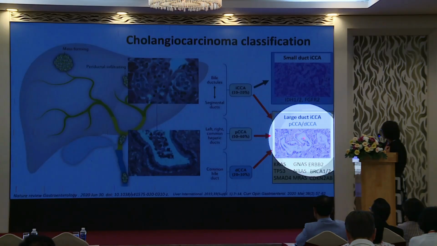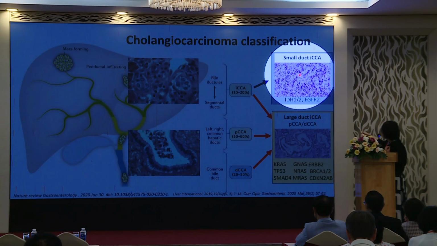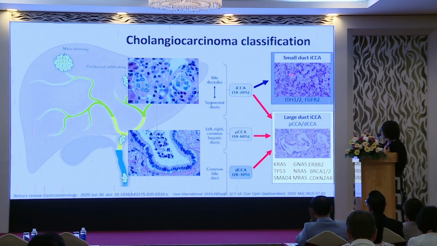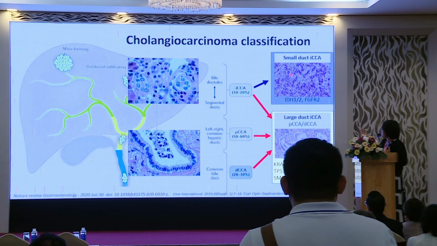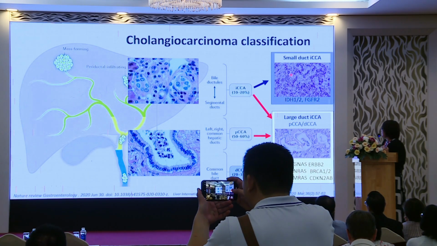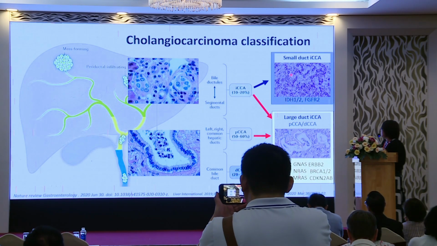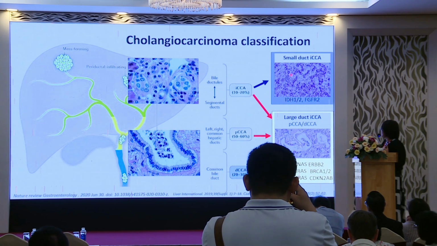But the intrahepatic cholangiocarcinoma small duct type is completely different in terms of tumor structure and also molecular features, which means that intrahepatic cholangiocarcinoma should be distinguished between small and large duct type ICCA.